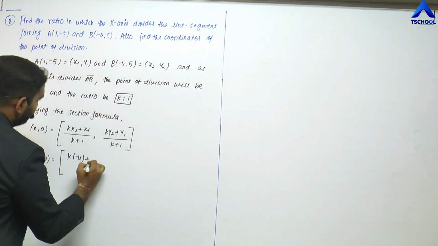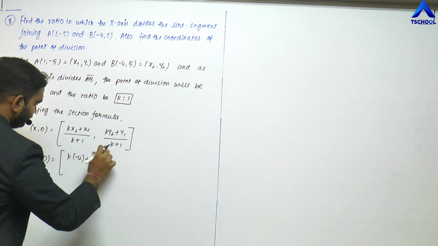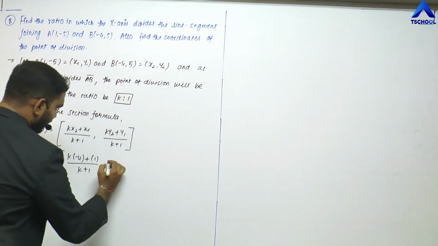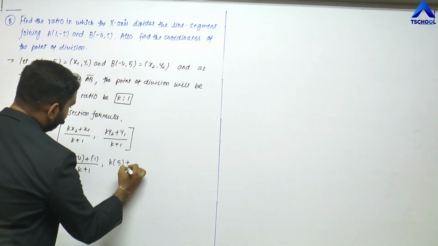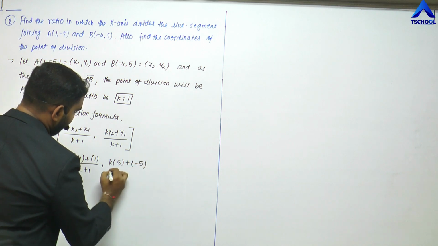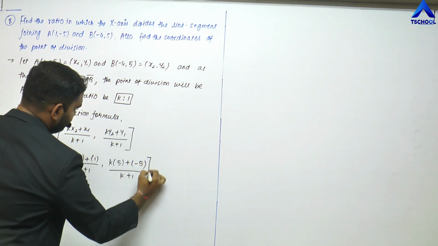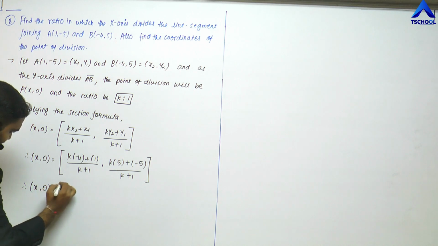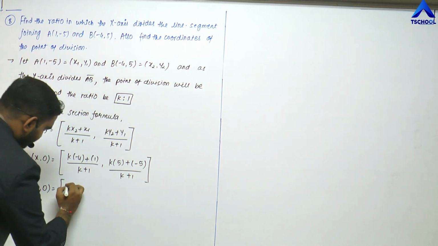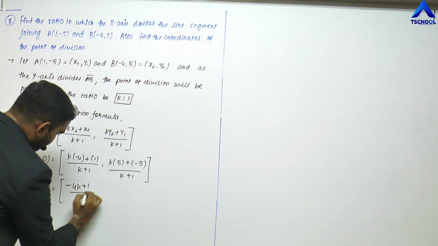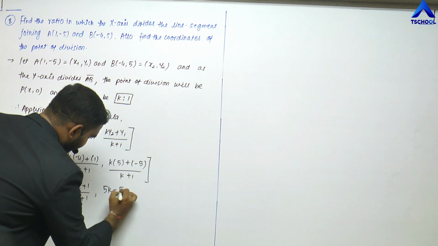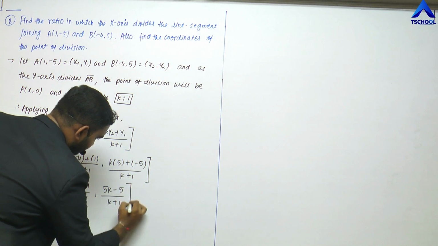Minus 4 plus x1, that is 1, upon k plus 1 comma ky2, that is k into 5 plus minus 5 upon k plus 1. Is it clear? Therefore let us simplify this again. X comma 0 is equal to minus 4k plus 1 upon k plus 1 comma 5k minus 5 upon k plus 1.